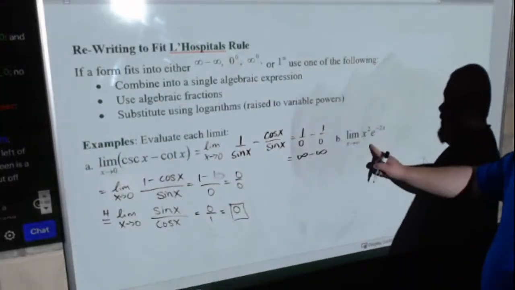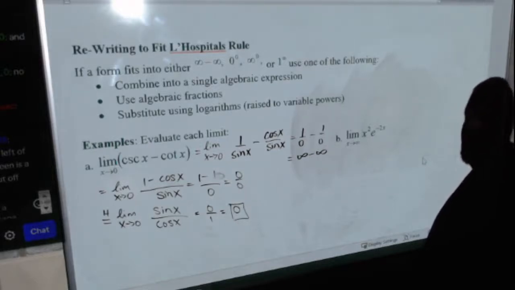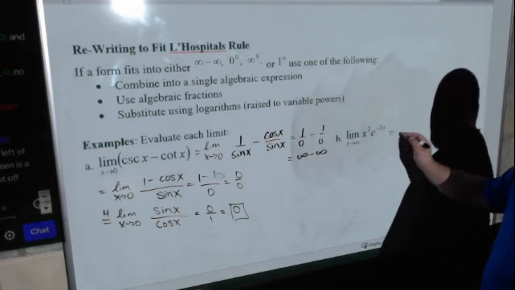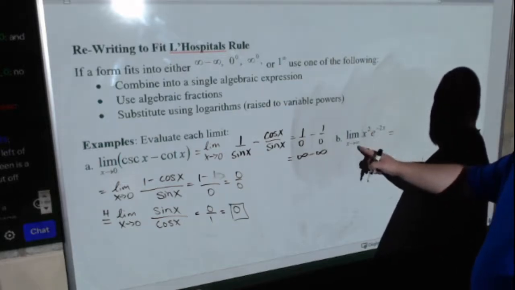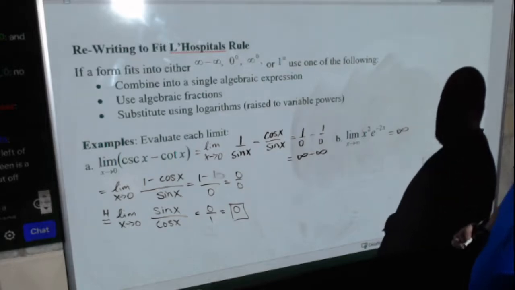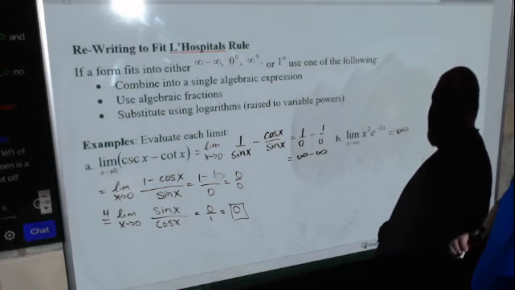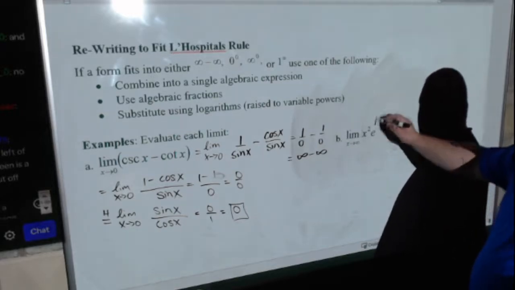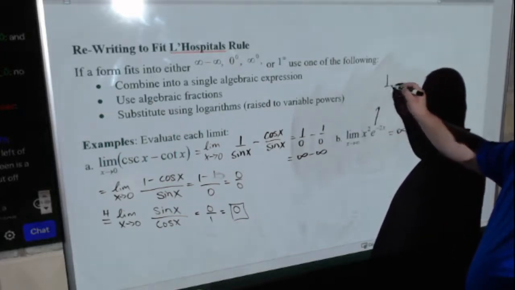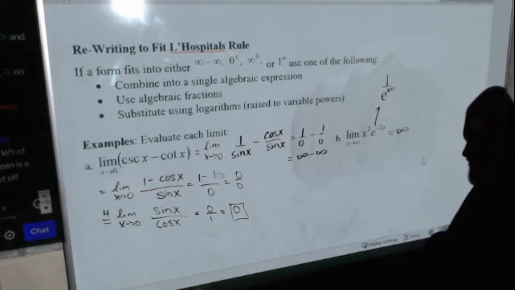All right, here's another one. So this is x squared e to the minus 2x. If I try to plug infinity in there, x squared, well, that's really just infinity. And then e to the minus infinity, well, that's really like 1 over e to the infinity.